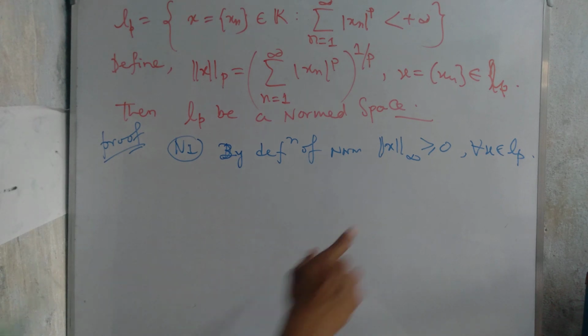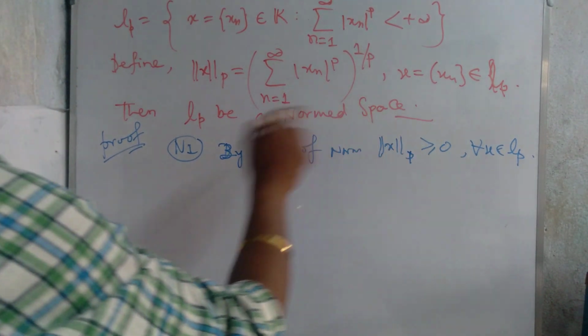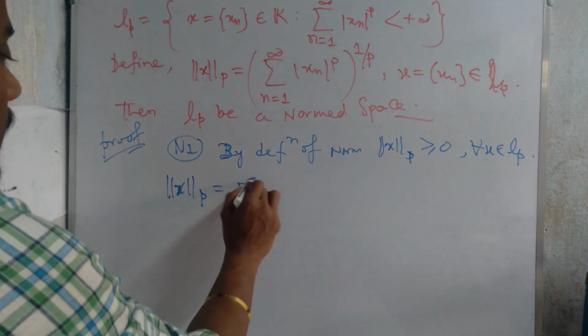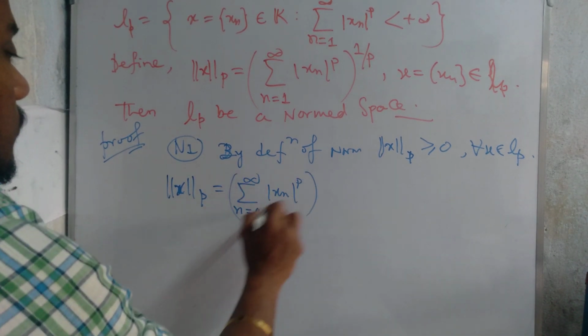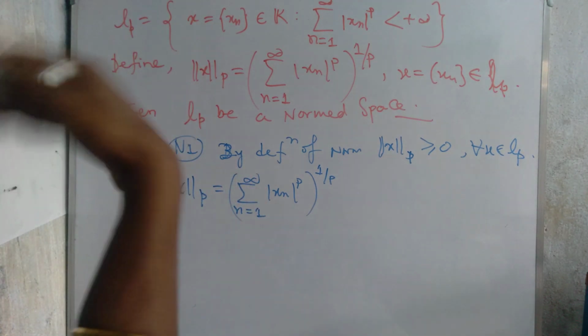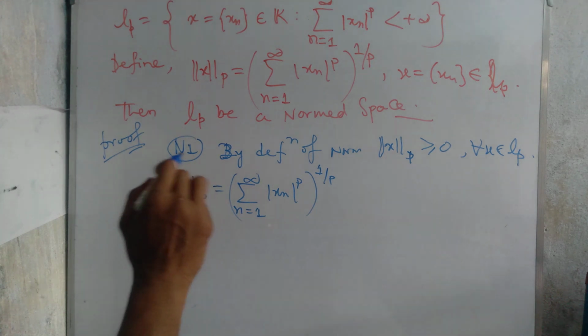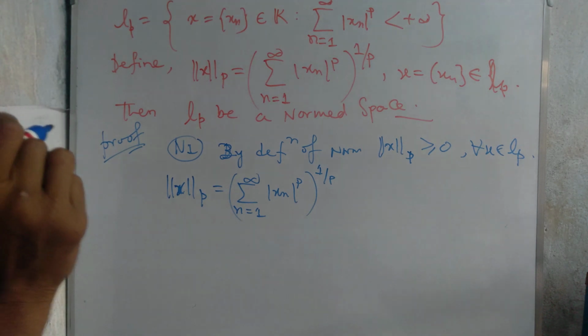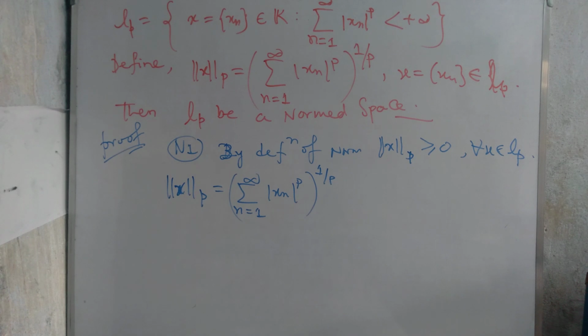It is the summation from n = 1 to infinity of |xn|^p, whole to the power 1/p. All terms are obviously positive pth powers, so the sum is always positive, and the whole to the power 1/p gives a positive value.